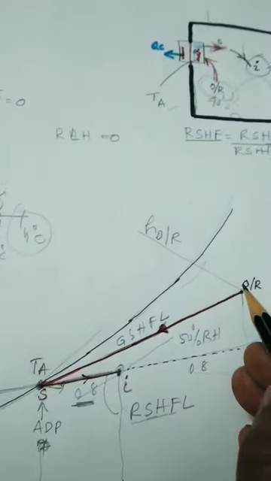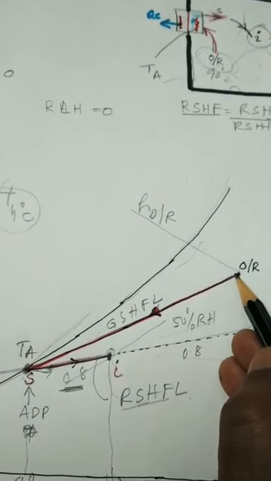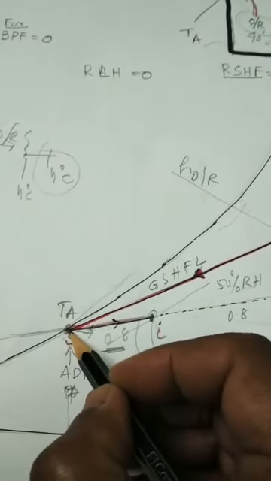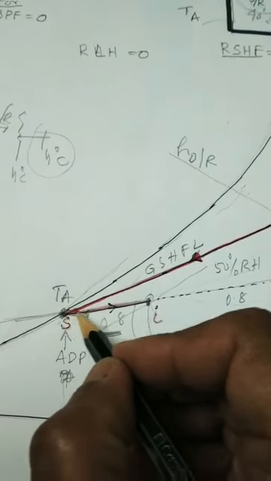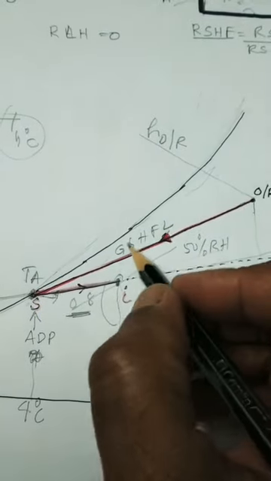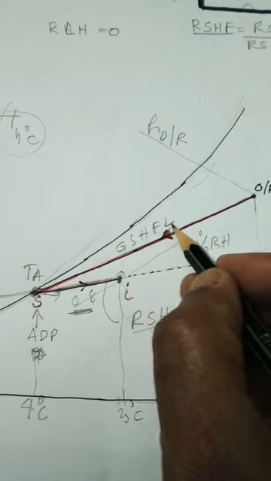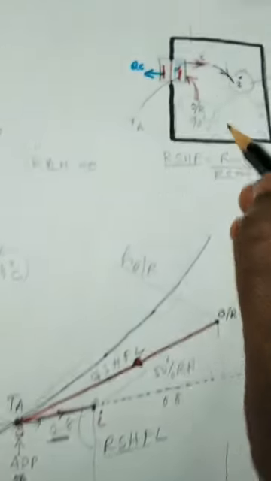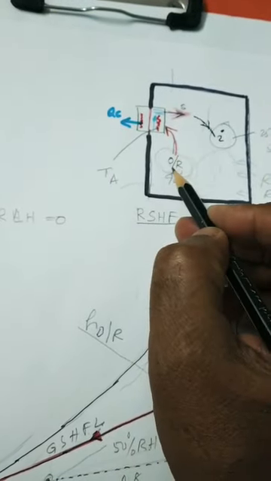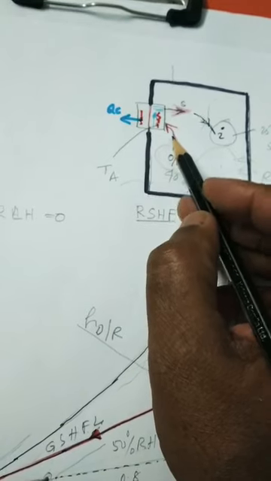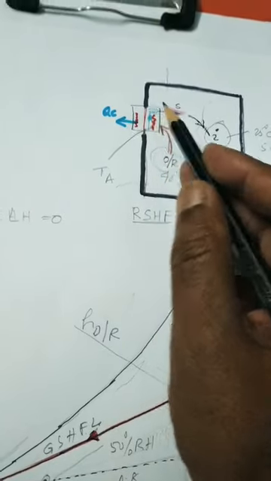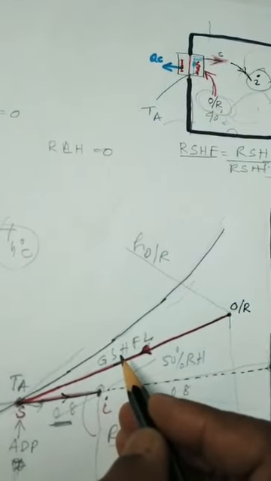So what has happened? Air of outside or room condition is converting itself and moving towards a temperature which is the cooling coil condition, and in this case it has become the same as the cooling coil temperature. That particular process line will be known as the grand sensible heat factor line. Okay, so it is air which is coming and going inside the cooling coil and converting from anywhere. If the air is coming and passing through the cooling coil and becoming something, that conversion will be represented by the grand sensible heat factor line.